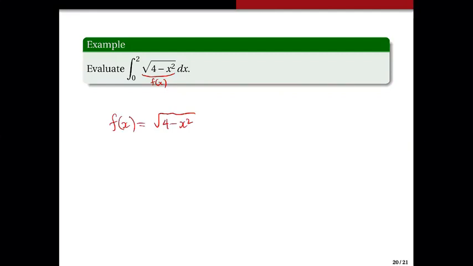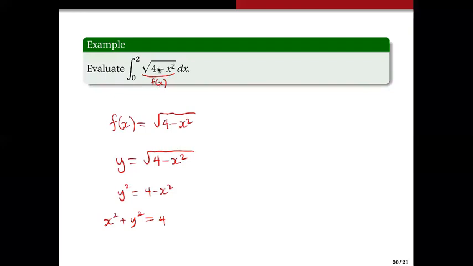And then you can think of this as y equals square root of 4 minus x squared, and then you can manipulate this. You will have y squared equals 4 minus x squared, or simply x squared plus y squared equals 4.